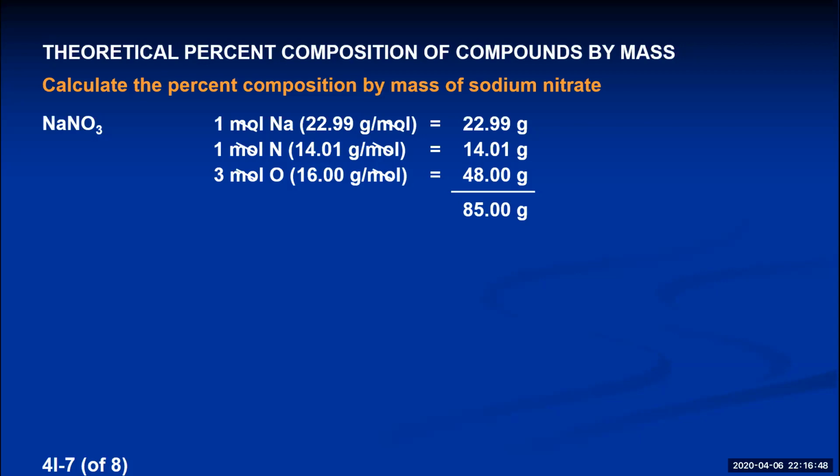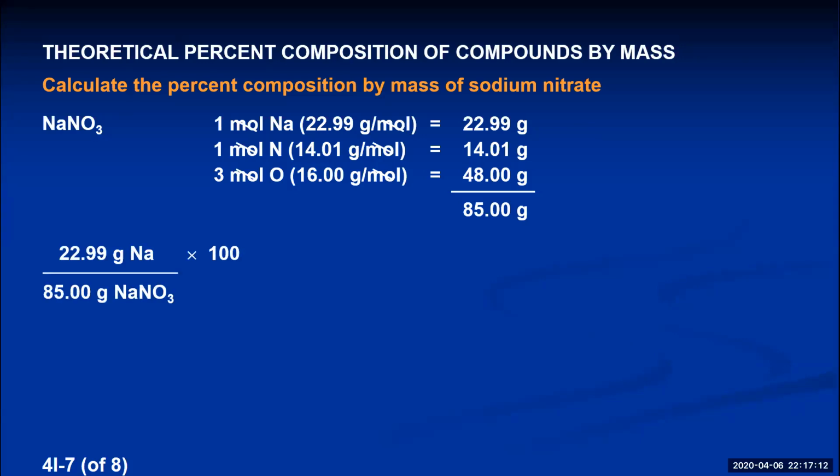But here's the visual thing now. If 1 mole of it weighs 85.00 grams, 22.99 of that is sodium. So 22.99 grams out of the 85 grams is the fraction that's sodium. So if you go 22.99 divided by 85.00 and then multiply by 100, you'll have a percent by mass.